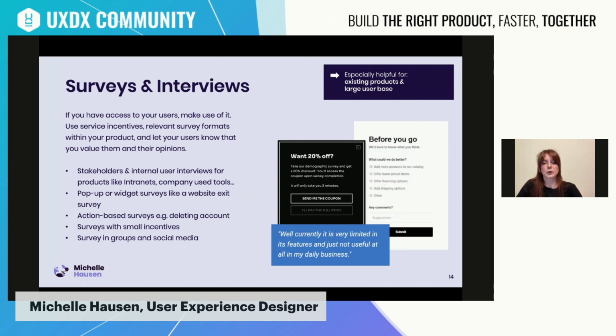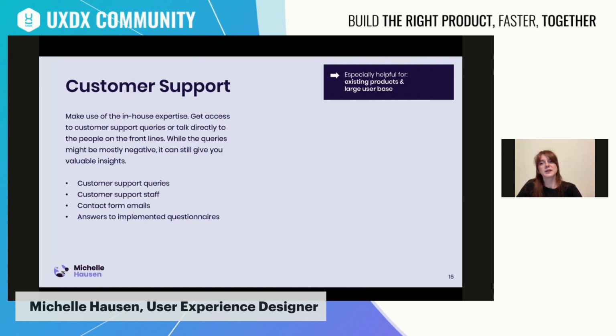The last one, which is also often overlooked, is the customer support. If you have customer support already in place, which of course is especially helpful for existing products and larger user bases, then make use of that, because your customer support staff are on the front line.